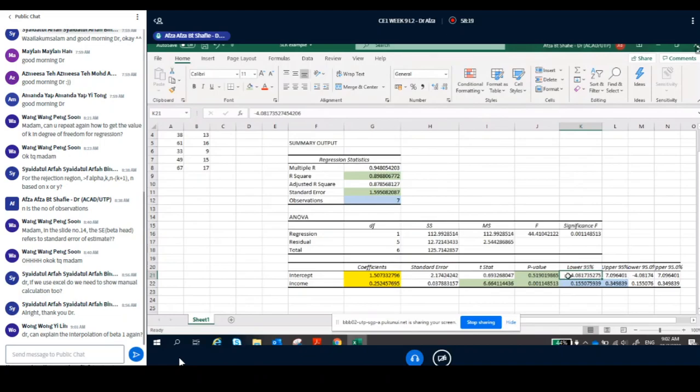So when you cross the 0 here, it means it is not significant. But our interest is not so much on the intercept. Our interest is more on beta 1, the slope. So that's test number 3.